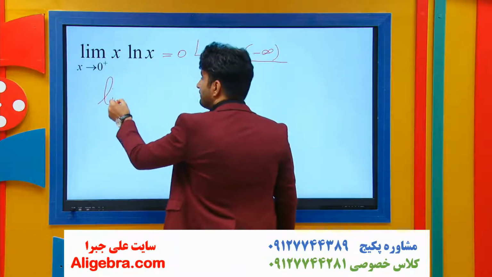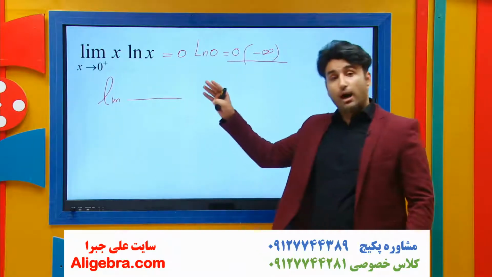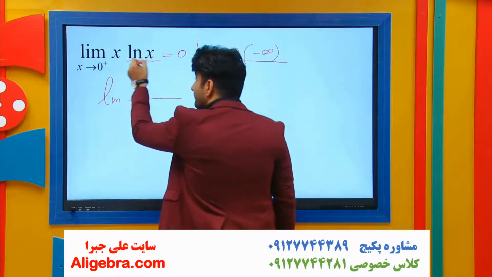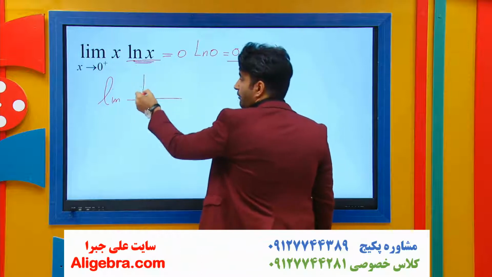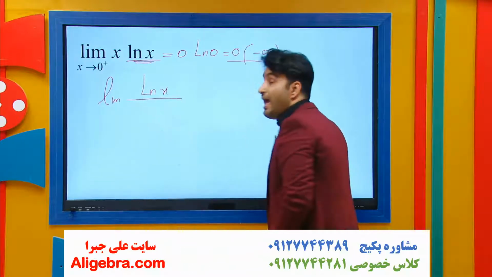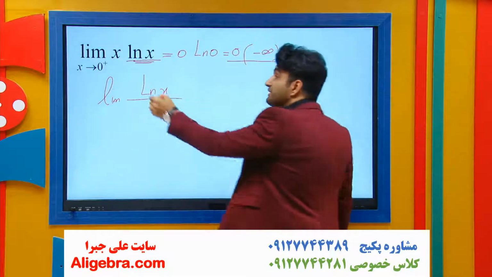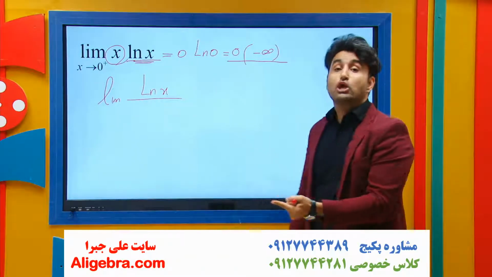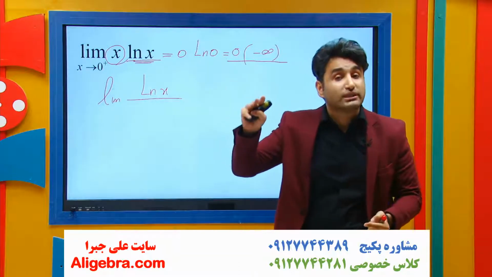So I have lim, a fraction. On top, I recommend you keep the term with ln on top. So ln x on top. And take the term without ln to the denominator of the denominator.